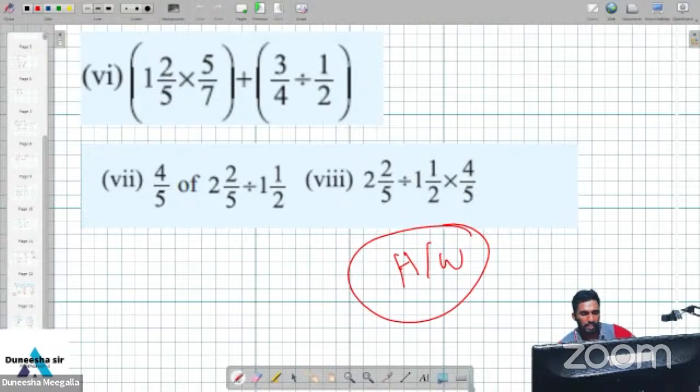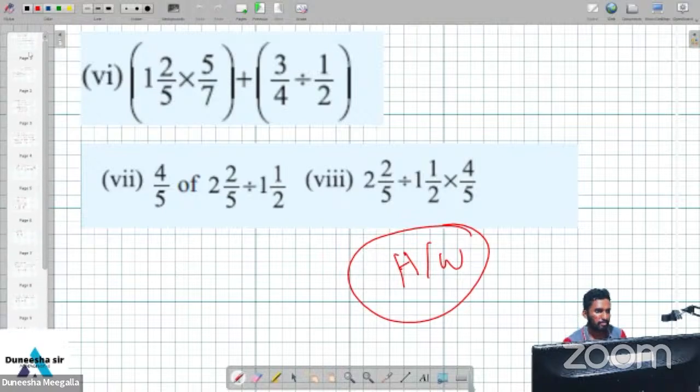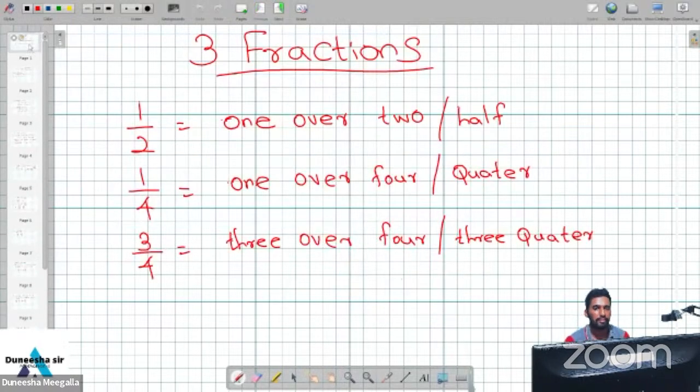Last week we started the fraction lesson. Let me remember again what we learned. We started the third lesson last week. What is a fraction?